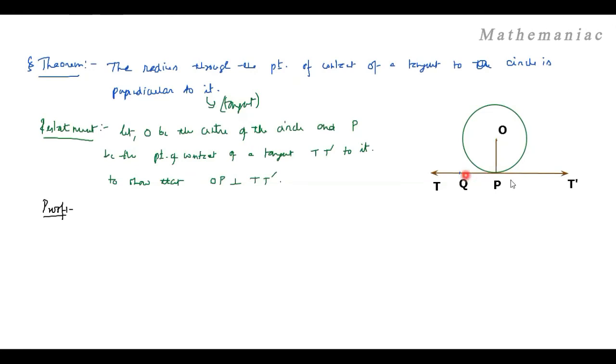In particular, if this point Q is different from P, it will definitely lie in the exterior. So what can you say about distance OQ? OQ must always be greater than the radius. And in fact, OP is the radius. That means OQ must be greater than OP.